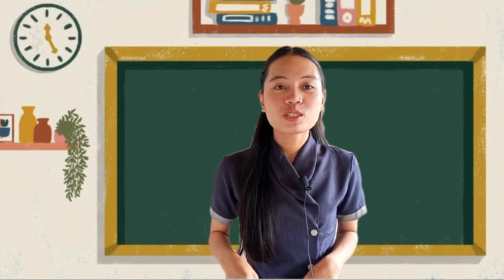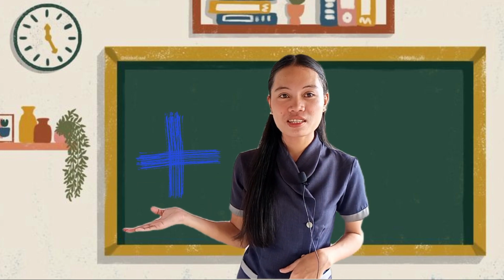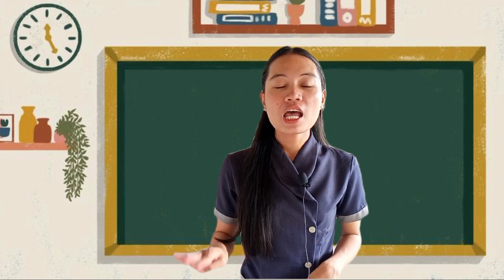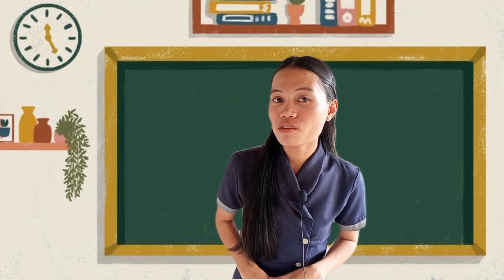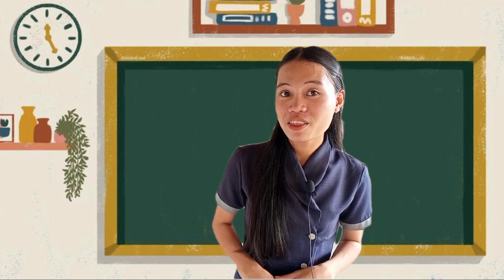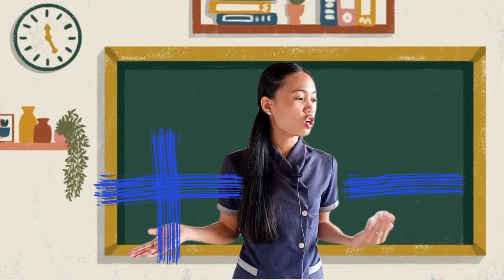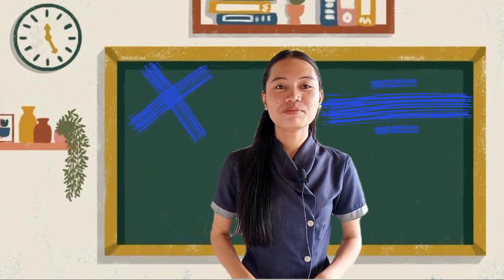Addition is represented by the plus sign, and it's usually the first of the 4 operations that children learn in school. What are those 4 operations again in mathematics? We have addition, subtraction, multiplication, and division.